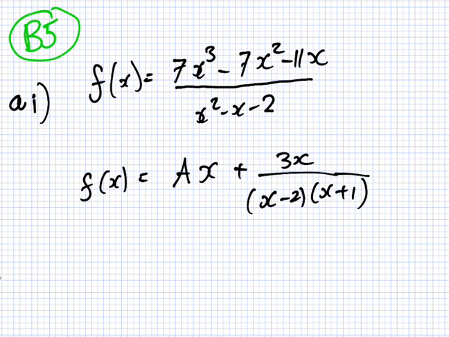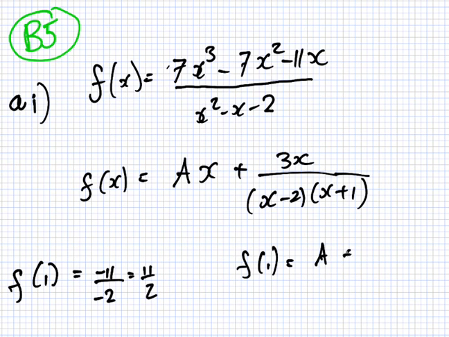If you look at this formula, f of 1 will equal minus 11 over minus 2. So that would equal 11 over 2. And when you look at this formula, what does f of 1 equal? It would be a plus 3 over... I'm just putting in 1 here. 7 minus 7 is gone, that's minus 11 over 1 minus 1 minus 2.